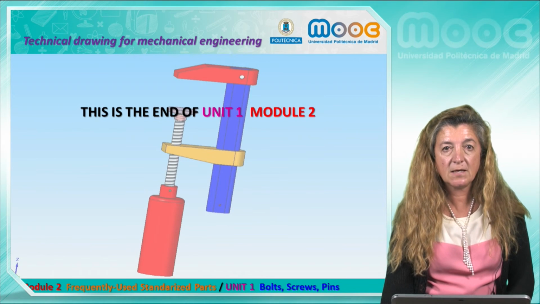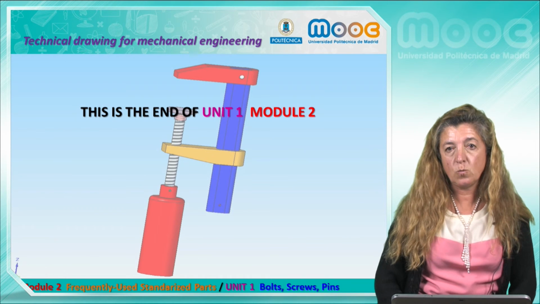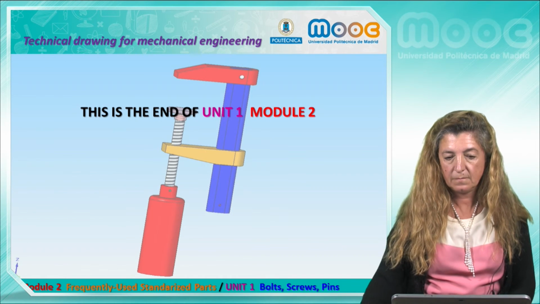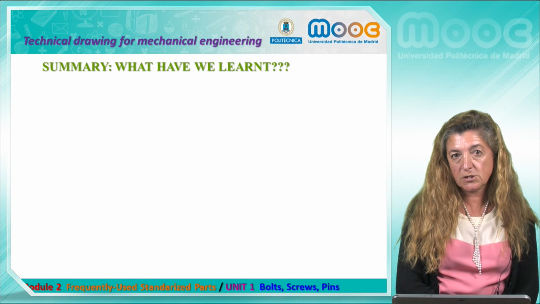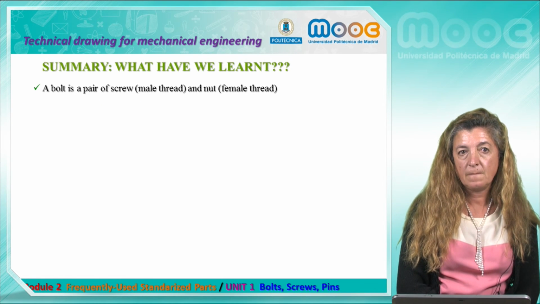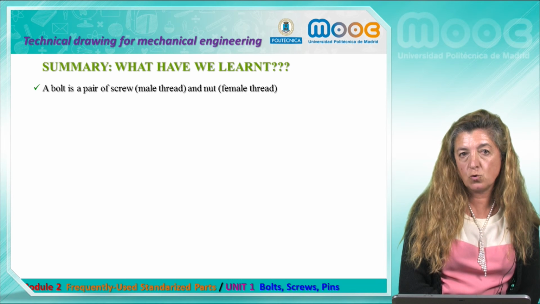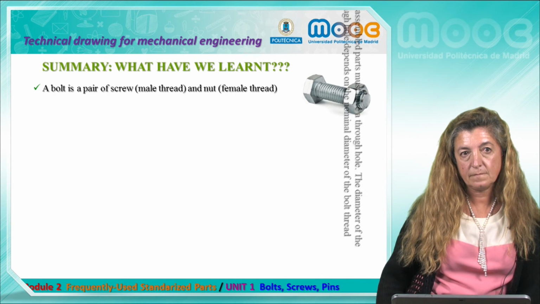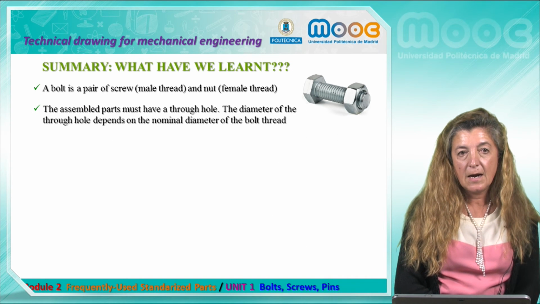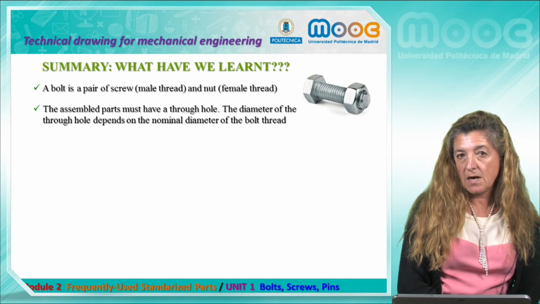So this is the end of Unit 1 in Module 2. As usual, in our summary, what have we learned? A bolt is a pair of screw, male thread, and nut, female thread. The assembled parts must have a through hole.